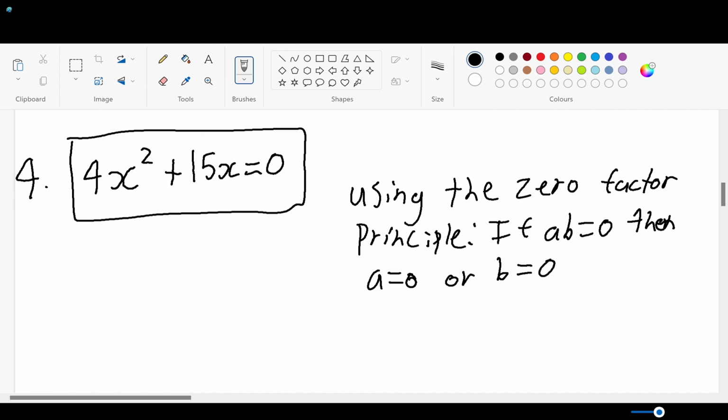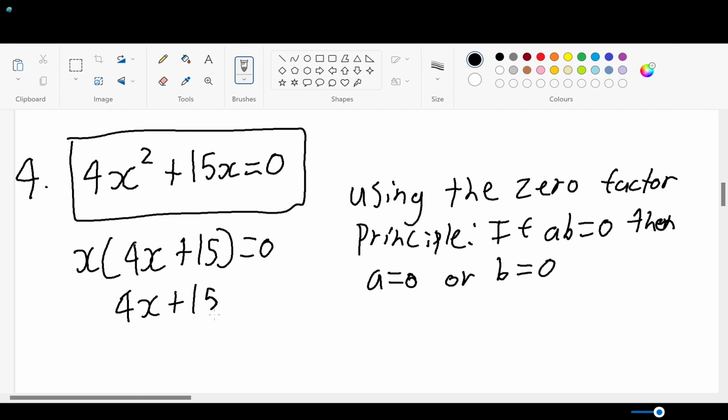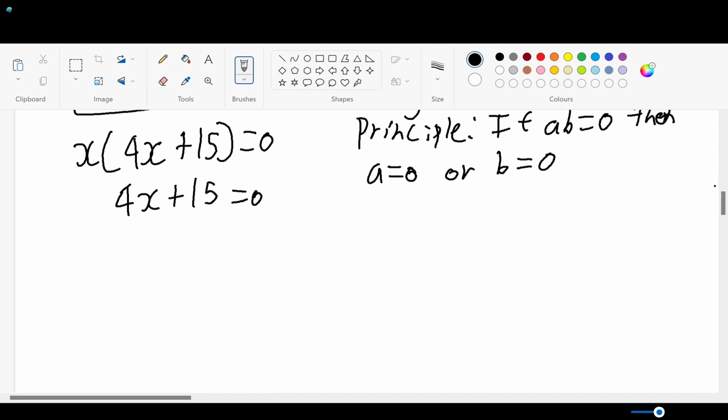So, first thing you can do here, you can factor out x from 4x squared plus 15x. So then you're left with x, then 4x plus 15 equals 0. So 4x plus 15 is equal to 0. We'll subtract 15 from both sides.